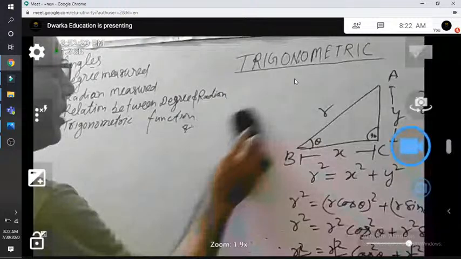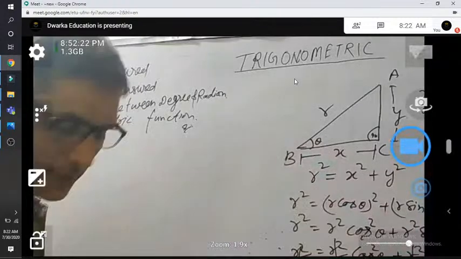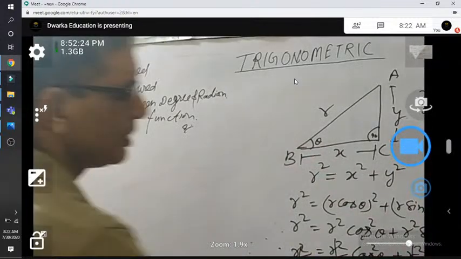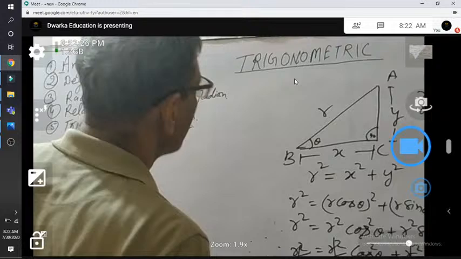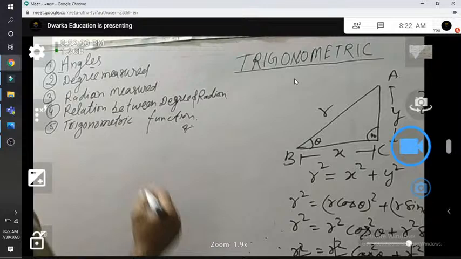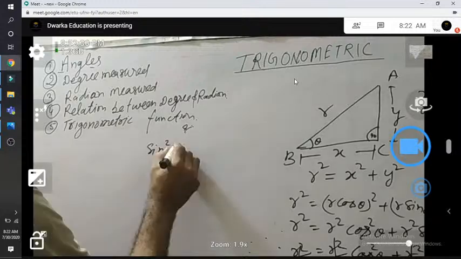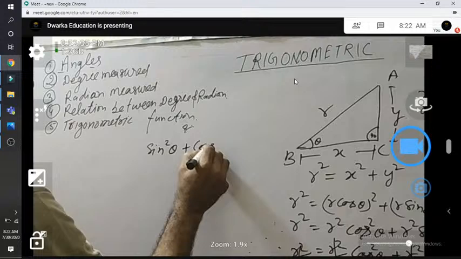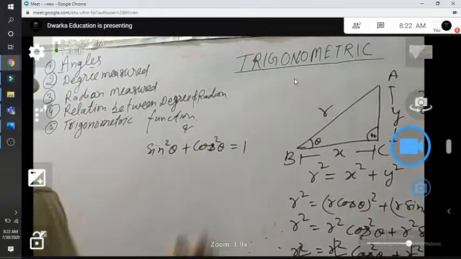इसी फार्मूला को यूज करके, हम इस equation वाले फार्मूला को cos स्क्वायर से डिवाइड करते हैं। तो sin square theta plus cos square theta is equal to 1. We divide both sides by cos square theta.